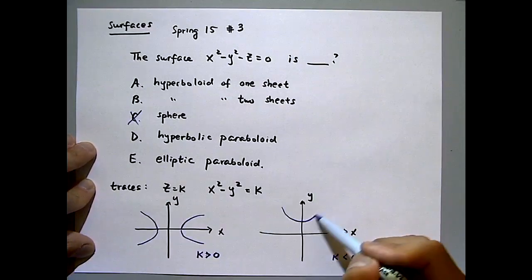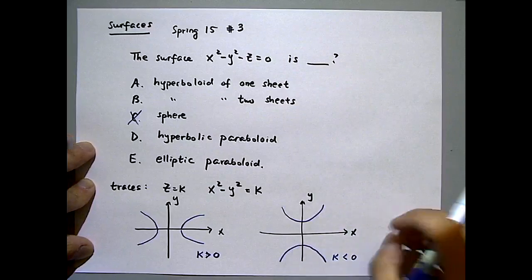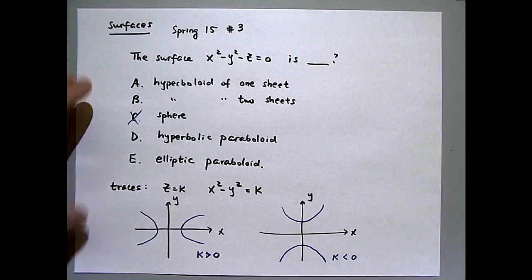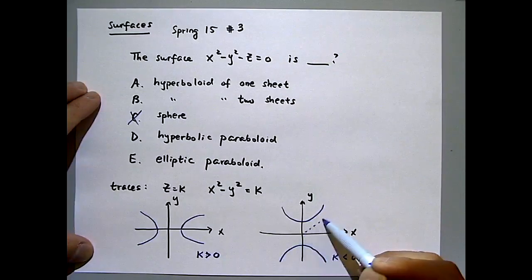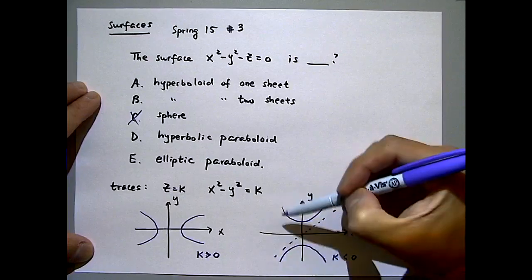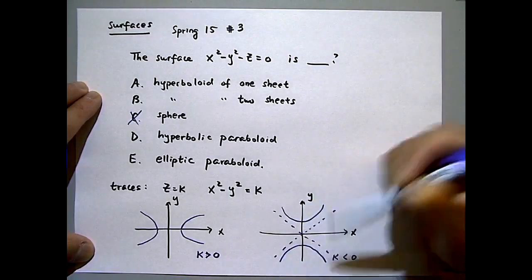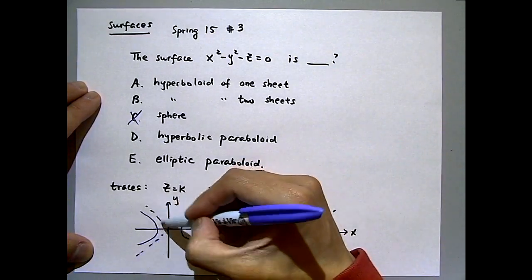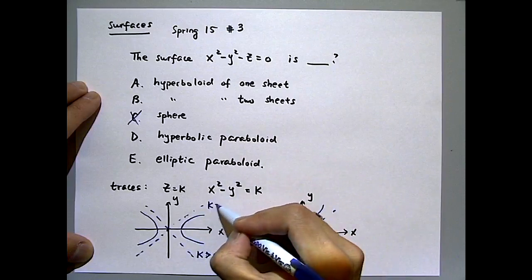And then we have hyperbolas that sit like that. And then there are 2 straight lines when k is exactly equal to 0. They will both show up here and here. This is k equal to 0, exactly 0.